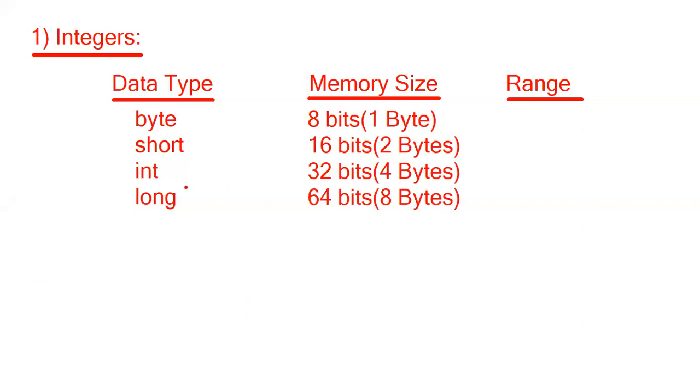Byte will occupy 8 bits. Short will occupy 16 bits. Int will occupy 32 bits. Long will occupy 64 bits. 1 byte is equivalent to 8 bits. 2 bytes, 16. 4 bytes, 32. 8 bytes, 64.